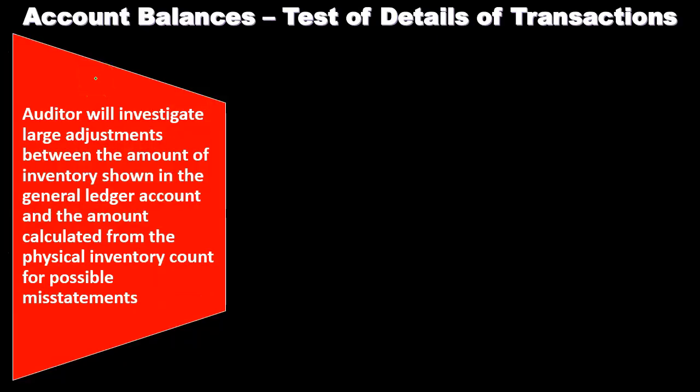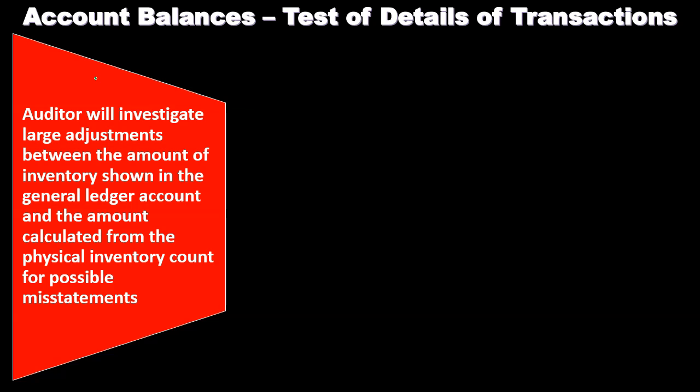We're going to continue on with account balances, test of details of transactions. Auditor will investigate large adjustments between the amount of inventory shown in the general ledger account and the amount calculated from the physical inventory account for possible misstatements.